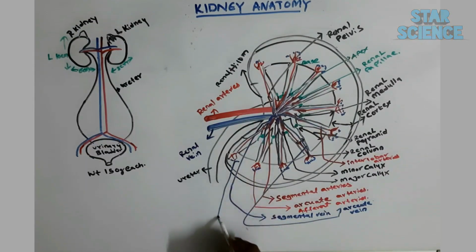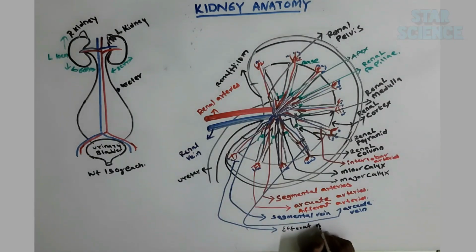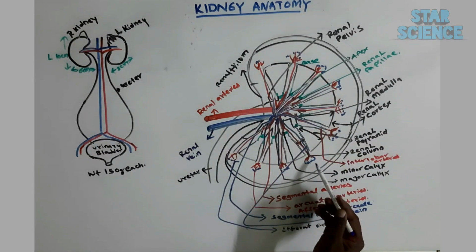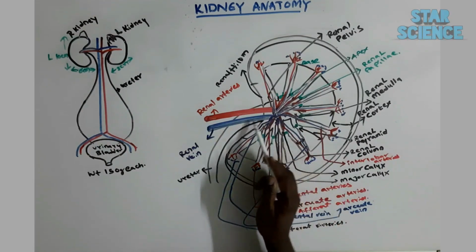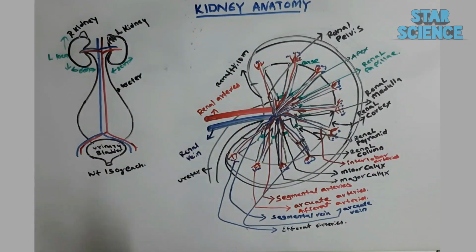In between the arcuate artery and vein, the arcuate artery will go and connect to the afferent arterioles, and after filtration it gives efferent arterioles. It will not directly connect to the veins, but it makes certain capillaries to pass out for reabsorption and secretion in the proximal convoluted tubule in the nephron as well as in the DCT and vasa recta.